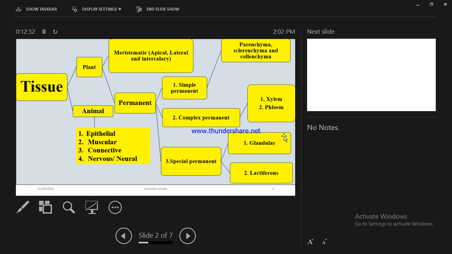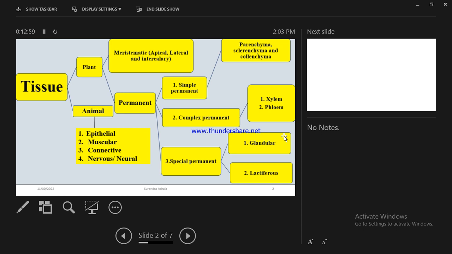Like bullberry, marigold, and lalupate. When these flowers are broken by us, they produce milk-like substances from their stems. Understand? These are called lactiferous glands, and they are present there. They secrete the milk-like substances.